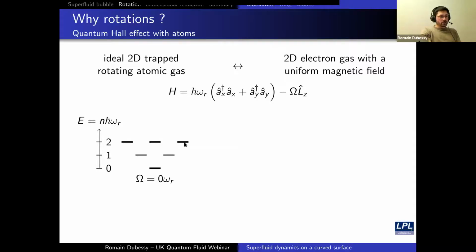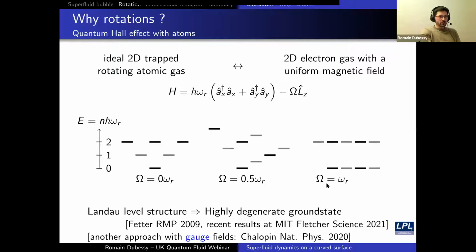Now, if you introduce rotation, you will lift the degeneracy between the different angular momentum states. And if you manage to match exactly the rotation frequency with the trap frequency, you get an infinitely degenerate, in principle, level structure that is, in fact, the Landau level structure from the quantum Hall effect.